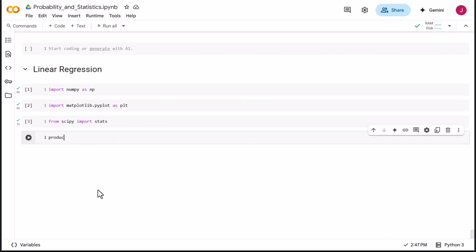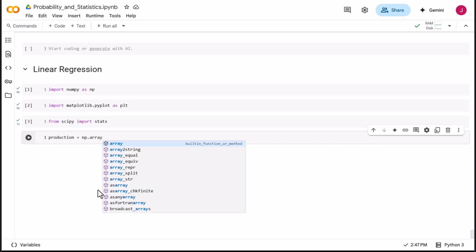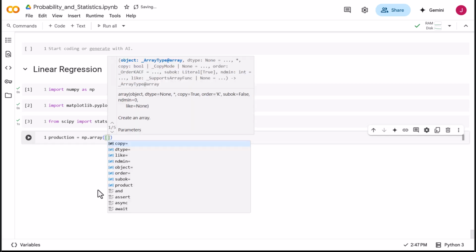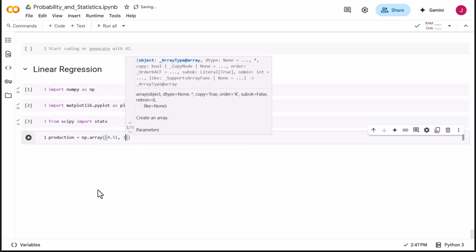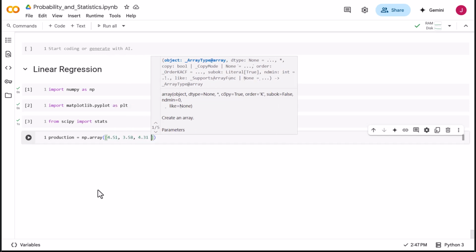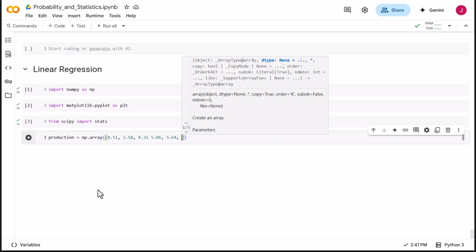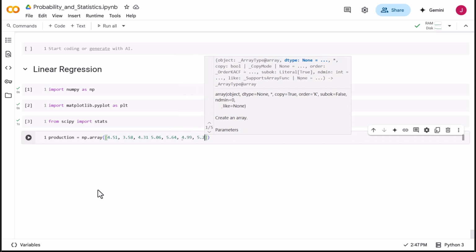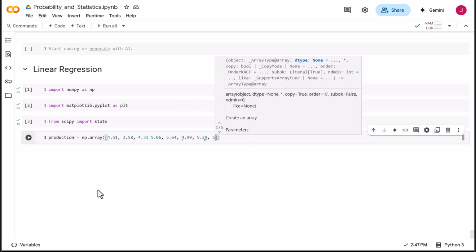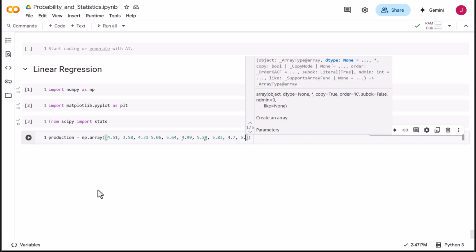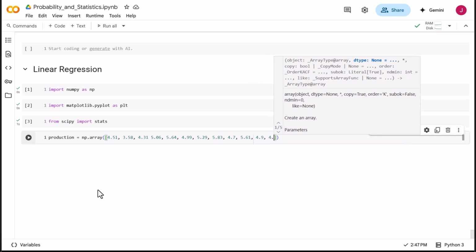So production is equal to np.array, and here we're going to pass our data: 4.51, 3.58, 4.31, 5.06, 5.64, 4.99, 5.29, 5.83, 4.7, 5.61, 4.9, and 4.2.